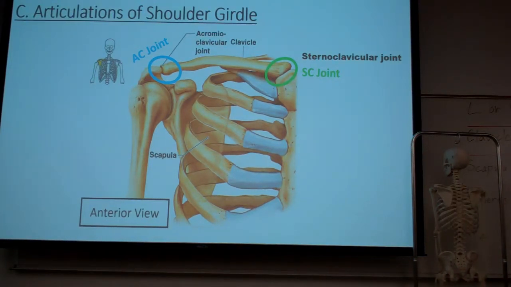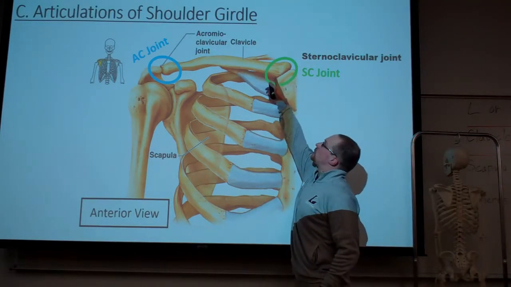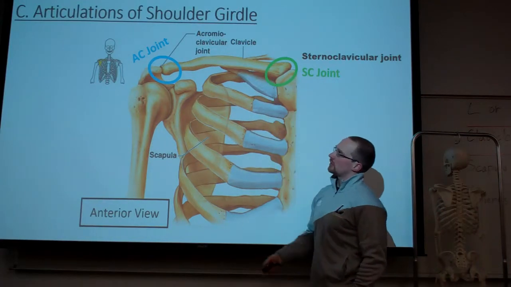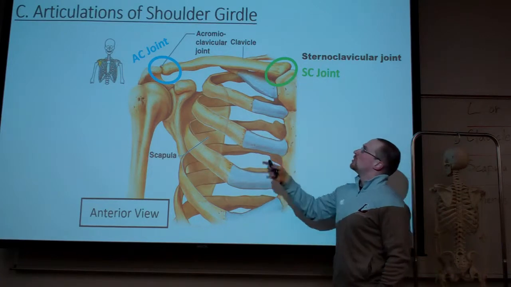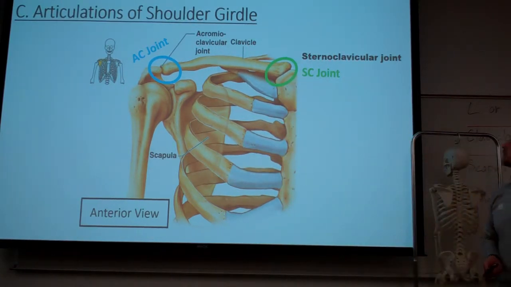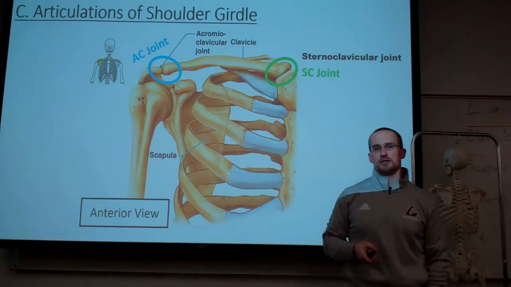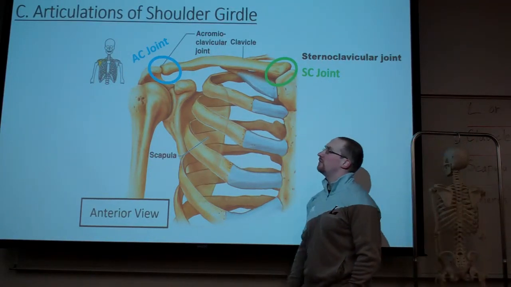Joints of the shoulder girdle. We've got the sternoclavicular joint. Sternal meaning sternum, clavicular meaning clavicle. So where the sternum and the clavicle meet. Sternoclavicular joint. You can abbreviate it to say SC joint.